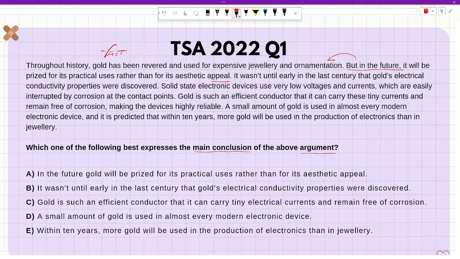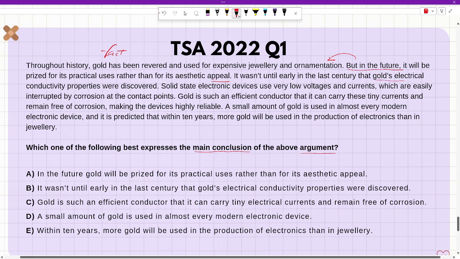It is actually going to be prized for its actual practical uses. Okay. Now let's continue reading. It wasn't until early in the last century that gold's electrical conductivity properties were discovered. Okay, it seems that this is supporting evidence for this.